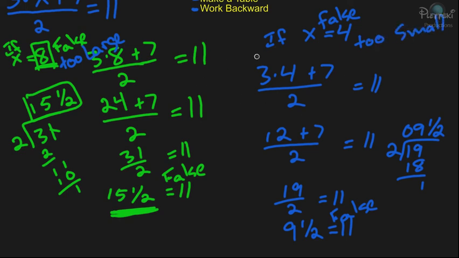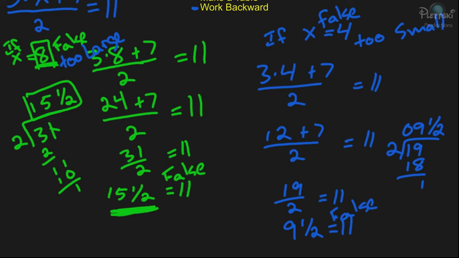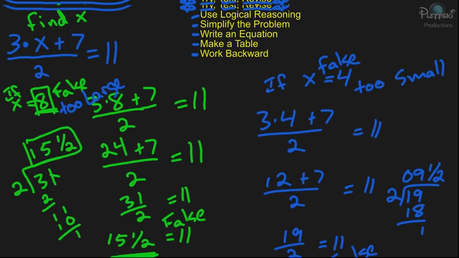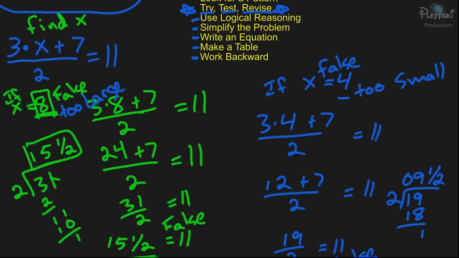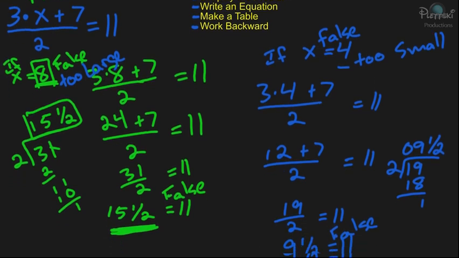Now we can revise again, right? We tried, tested, then we had a revision. We tried 4 instead. Then we tested that. And now we have to revise again. So it's got to be something smaller than 8 but larger than 4. Let's try 5. Let's see what happens if it's 5.